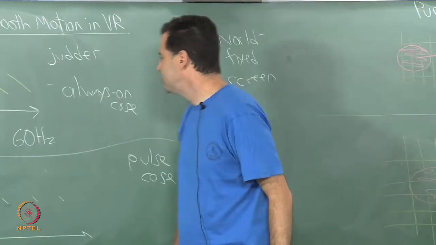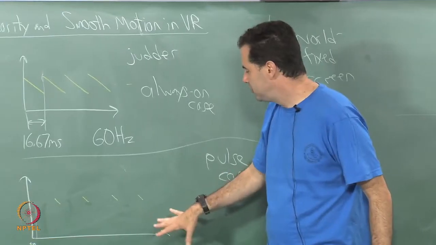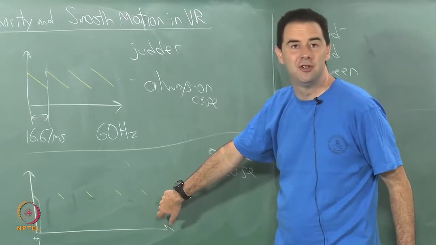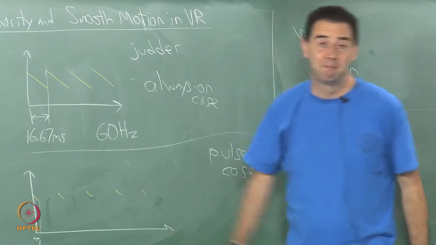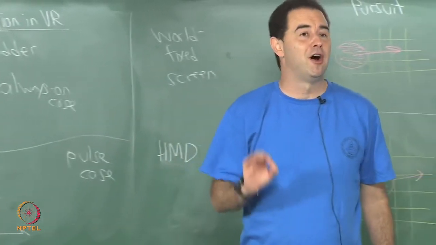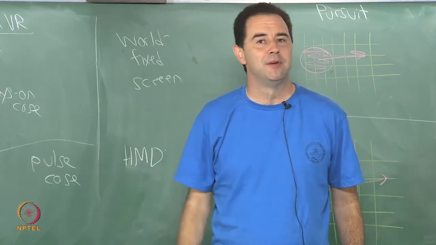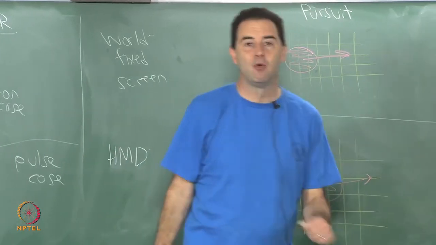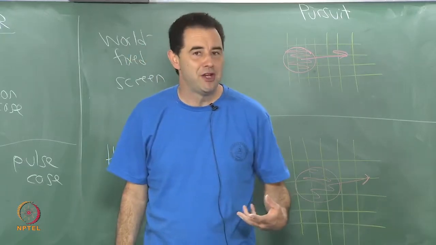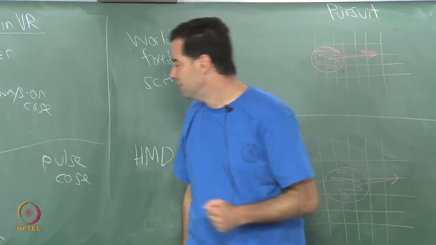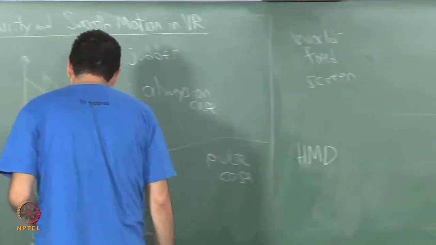So if you increase the frame rate from 60 hertz up to say 90 hertz and you do this simple pulsing, then you will have solved the flicker problem and this judder problem, and the perception of stationarity will be solved. So that's the motivation. That's why people are pushing for higher frame rates right now in the business of head-mounted displays.